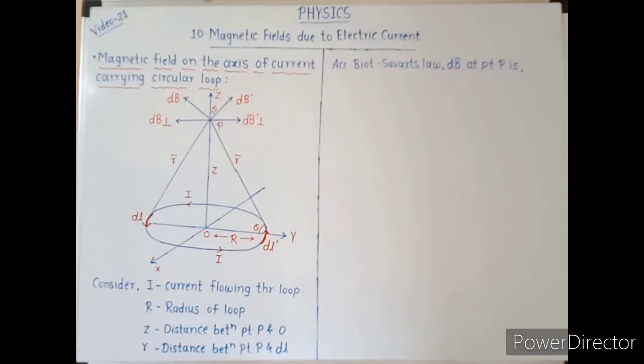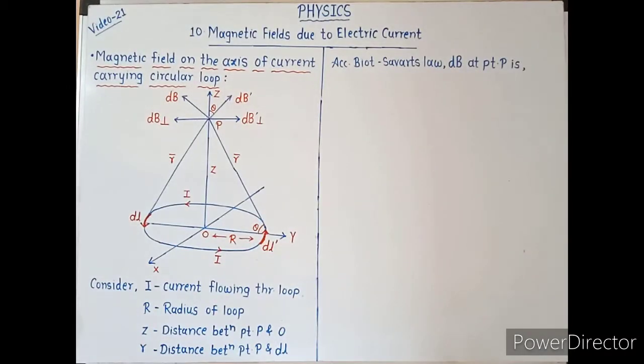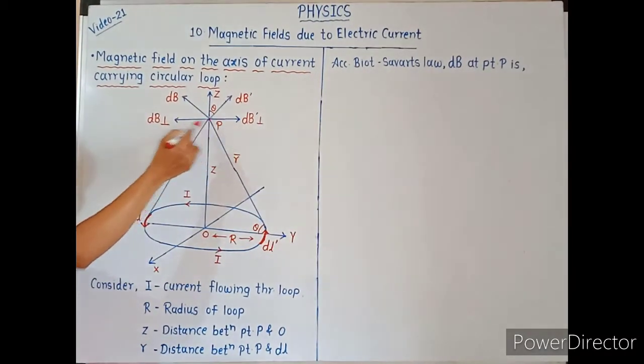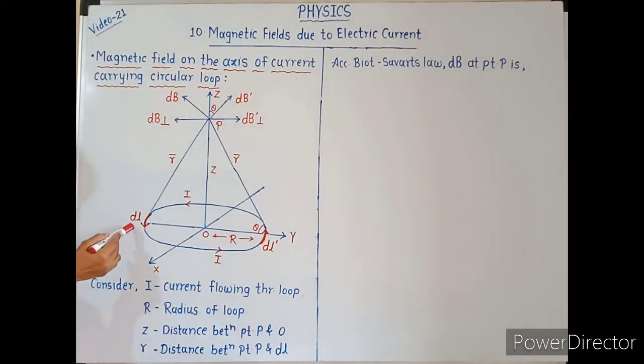In the previous lecture, we have studied that the magnetic field produced at a point P due to this small length element dl is given by the Biot-Savart law.